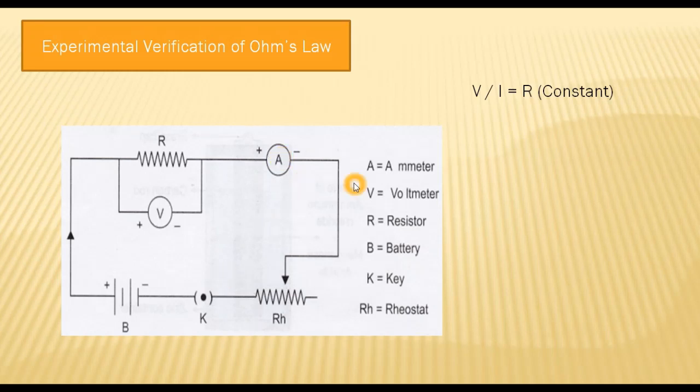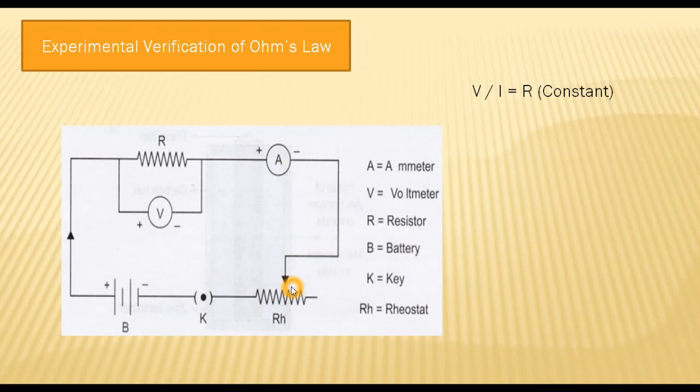Now to start the experiment, the circuit is completed by pressing the key, and on pressing the key, current starts flowing in the whole circuit, including this conductor R. And that current which flows is shown by the ammeter. That means you can get the values of current.